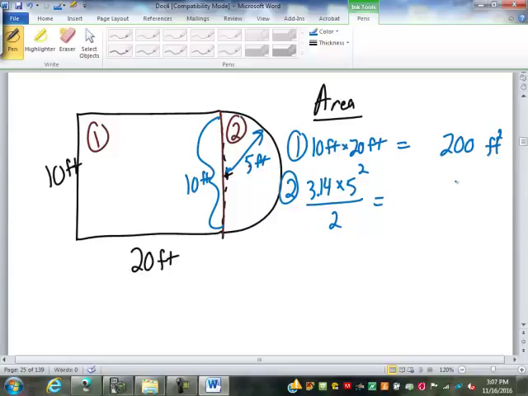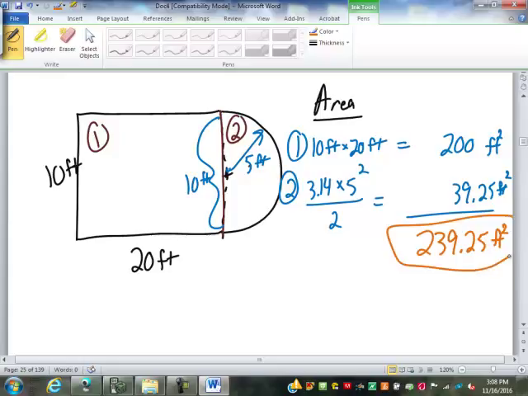So that's going to give us 39.25 square feet. We add that up, that's 239.25 square feet. So areas are what we call additive. You can find two smaller areas we'll add together to make a larger area.